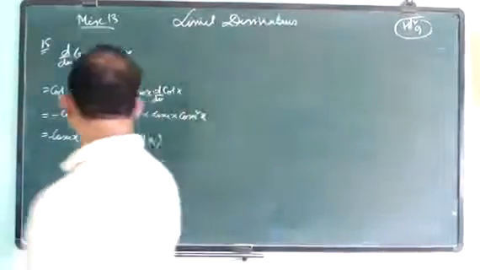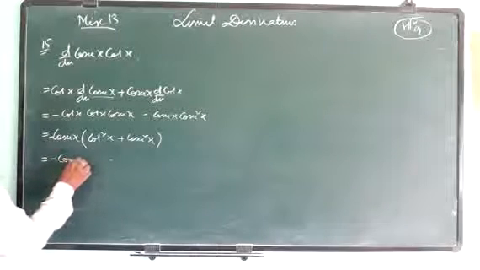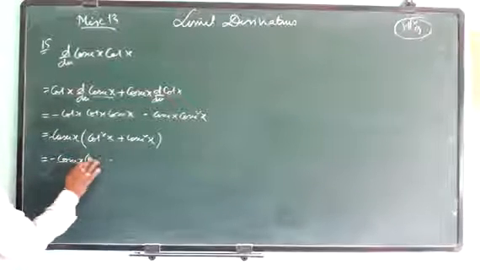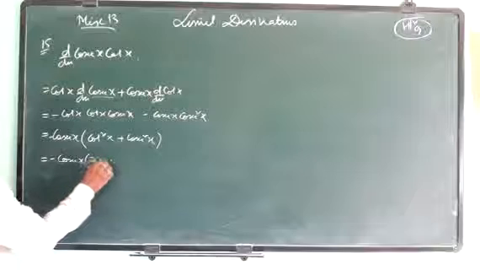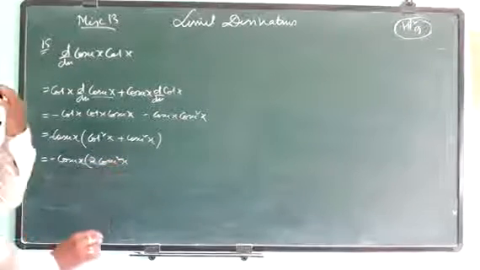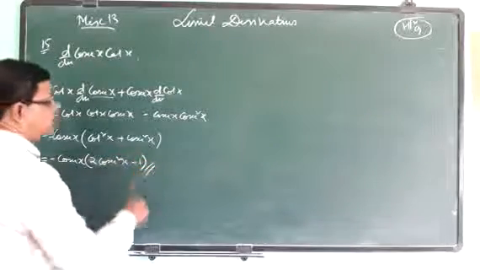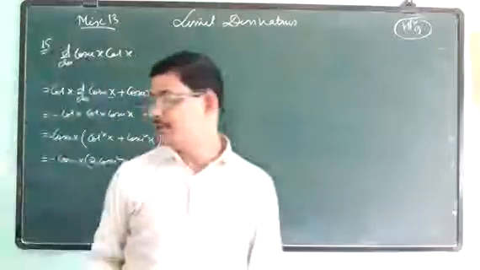If you write cot square x as cosec square x minus 1, it will be twice cosec square x minus 1. So this is the answer of question number 15.